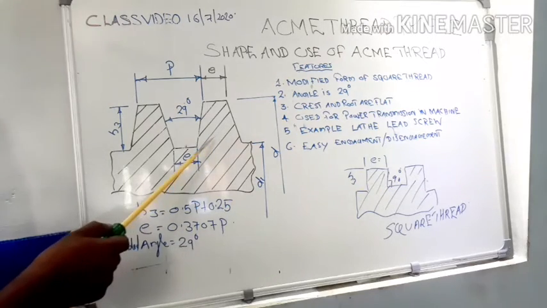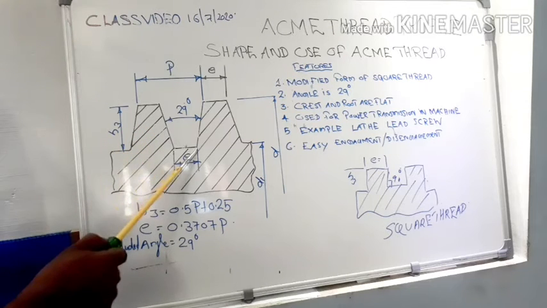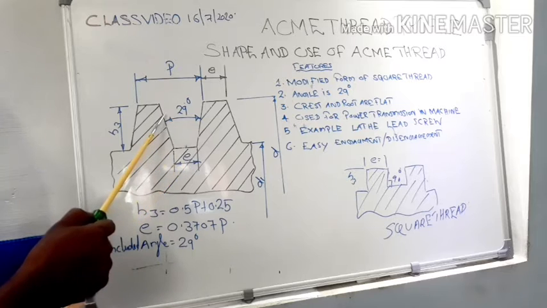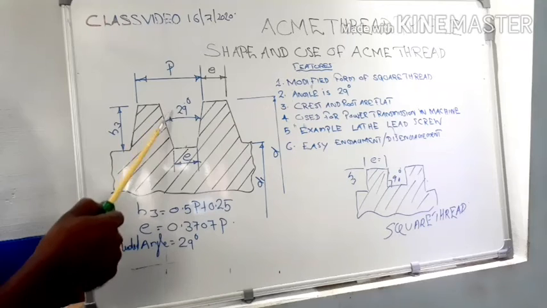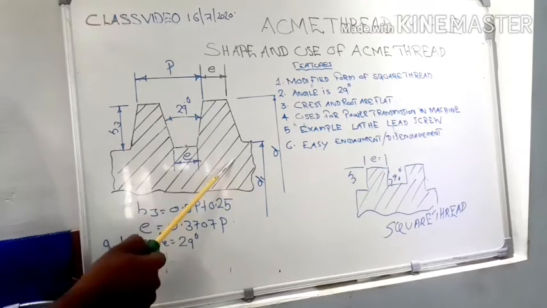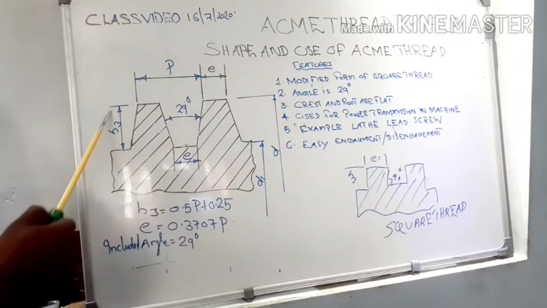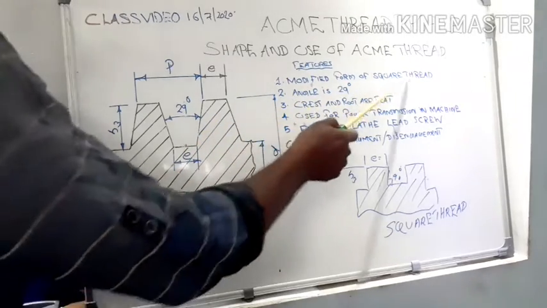But in the case of Acme thread, crest and root are also flat in shape, and the included angle of Acme thread is 29 degrees. From this comparison, we can say that Acme thread is a modified form of square thread.